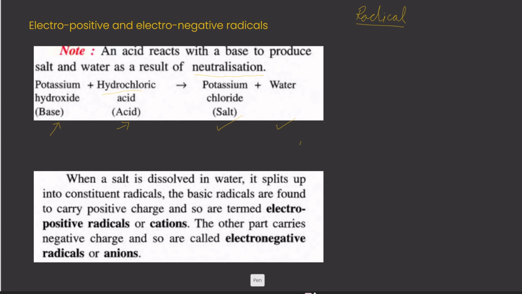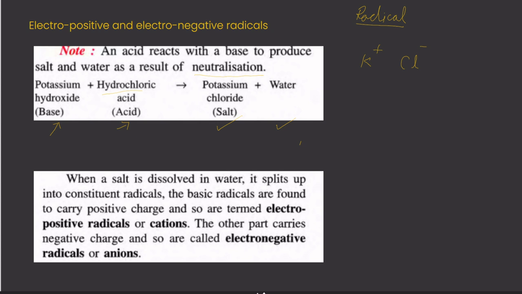And it will have charges also, K plus and Cl minus. When we dissolve this salt in water, it will split into its constituent radicals, K plus and Cl minus.